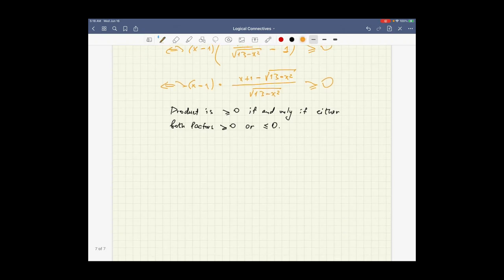So our last step is equivalent to the disjunction that either x minus 1 is greater or equal than 0, and then the other factor is greater or equal than 0, or x minus 1 is less or equal than 0, and then the other factor is less or equal than 0.